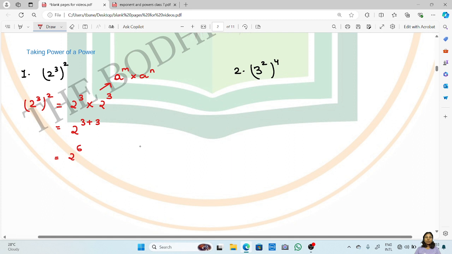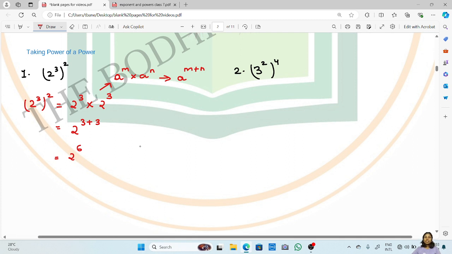So in this case, it was 2 raised to 3 raised to 2. They meant that 2 raised to 3 is being multiplied twice. So when we expand it, it goes to the law of multiplication of powers with the same base. We apply that, in which we know A raised to M into A raised to N is A raised to M plus N. Then we apply that law and we find the answer.